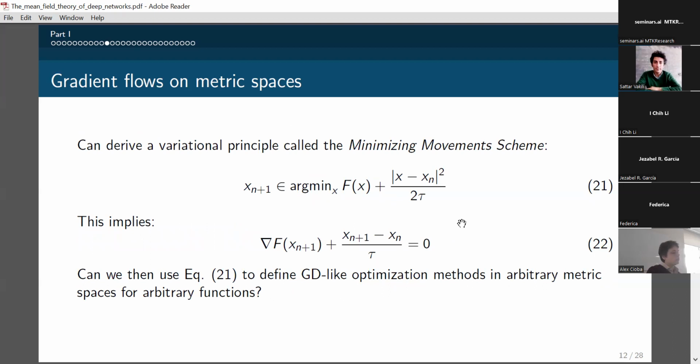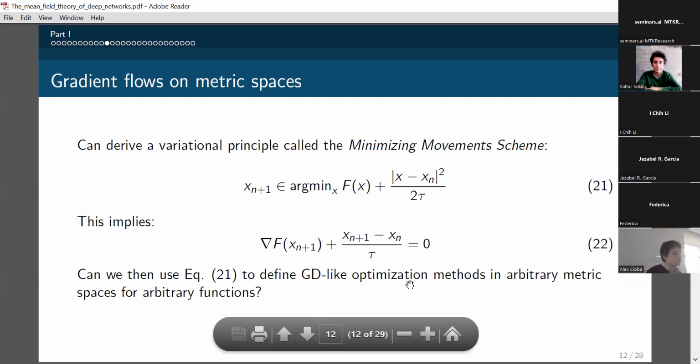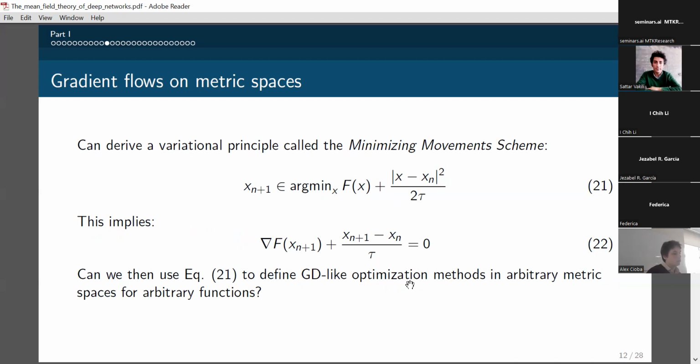So the idea being that for all types of gradient flow in Euclidean space, you can define a variational principle called the minimizing movement scheme, which is given by equation 21, basically saying that the (n+1)th iterate is a member of the minimizers of F(x) plus |x - x_n| squared over some particular step size.